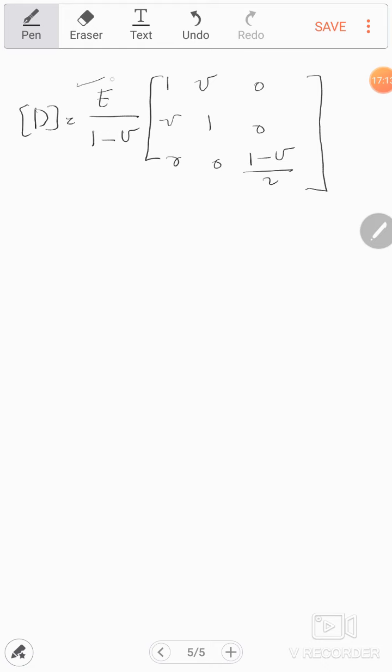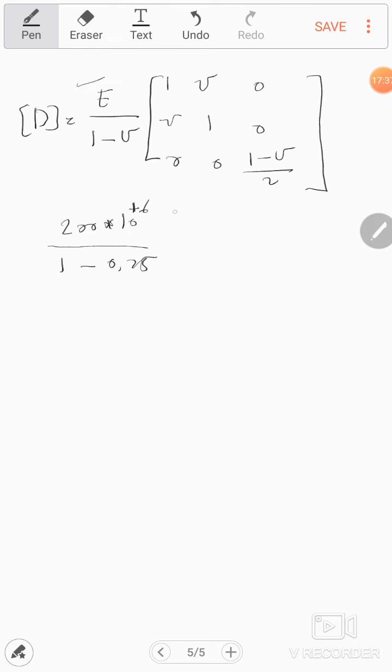E is 200 gigapascal times 10 to the 6, and the Poisson ratio already given is 0.25.